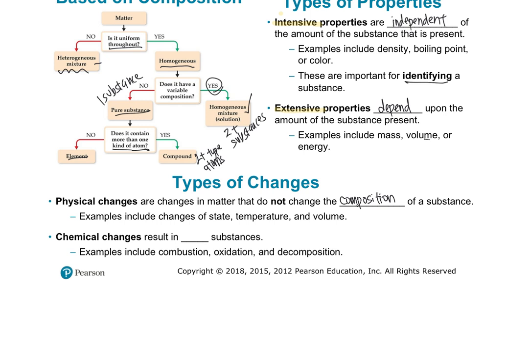But chemical changes result in new substances. We get a rearrangement of atoms. And so because we have a new arrangement, we're going to have new properties because we have a new substance.